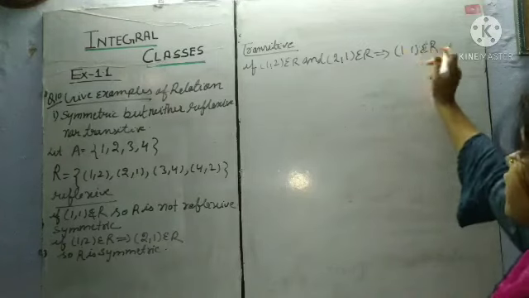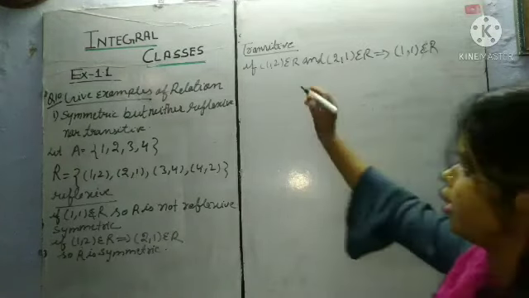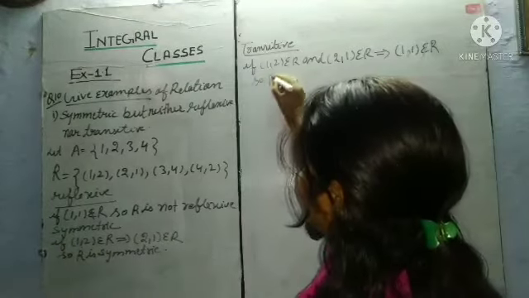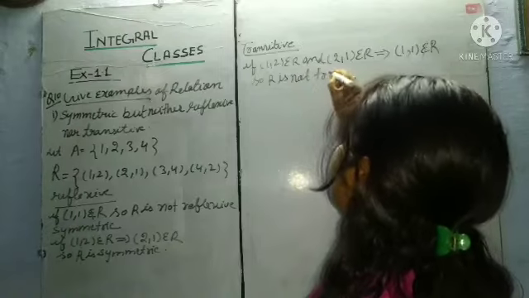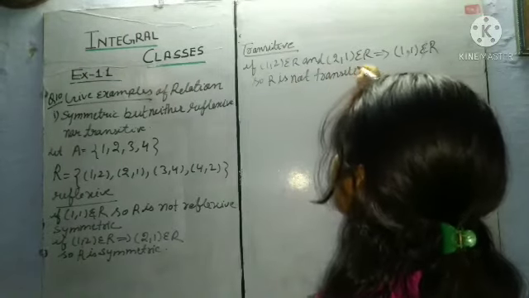So 1, 1 does not belong to R. So R is not transitive.